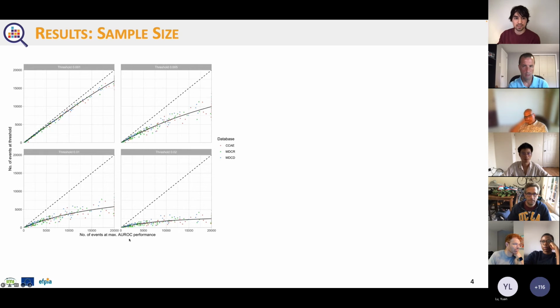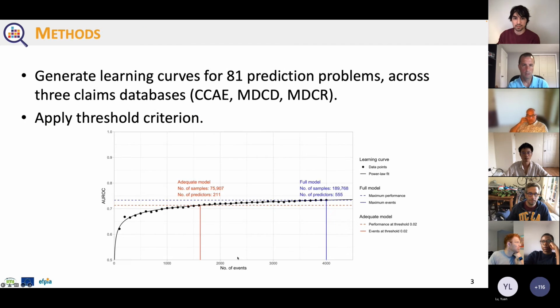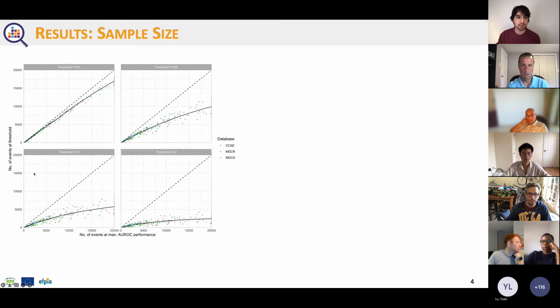On the x-axis, you have the number of events at max AUROC performance, which basically just corresponds to the number of events of the full model. And then on the y-axis, you have the number of events at the threshold, which just corresponds to the adequate model. We assess 4 different thresholds between 0.001 and 0.02 to see what the possible reduction in sample size is.